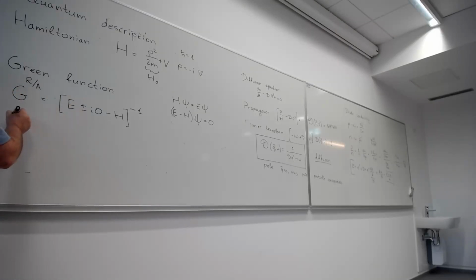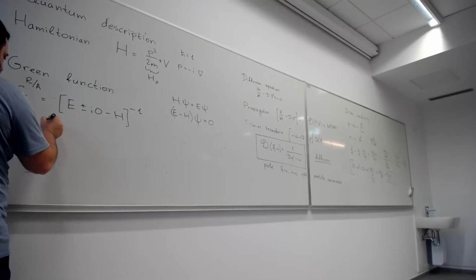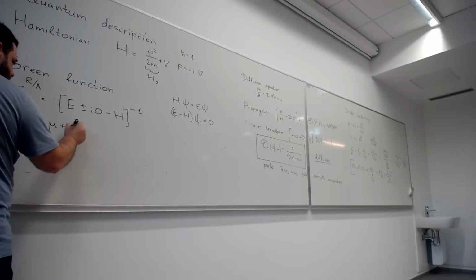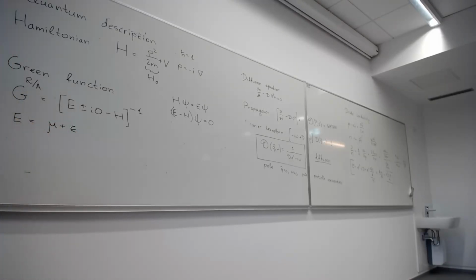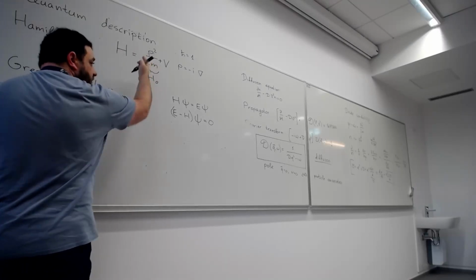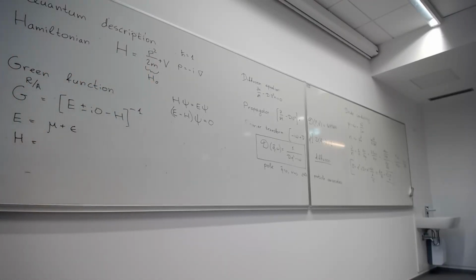some redefinitions here. So the total energy, we will count it from the Fermi energy. We will set the Fermi energy to be equal to 0, so the total energy will be the Fermi energy, which is the same as the chemical potential, plus epsilon. So epsilon will be our new energy variable. And the Hamiltonian h, which is p squared over 2m, we will also count from the Fermi energy.